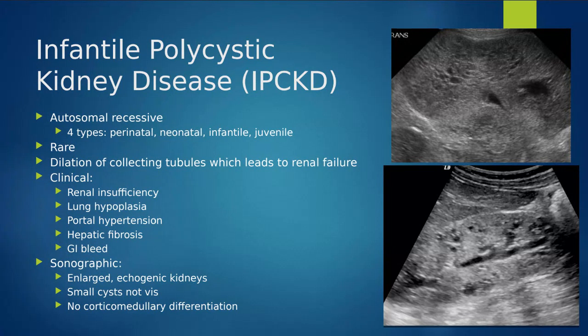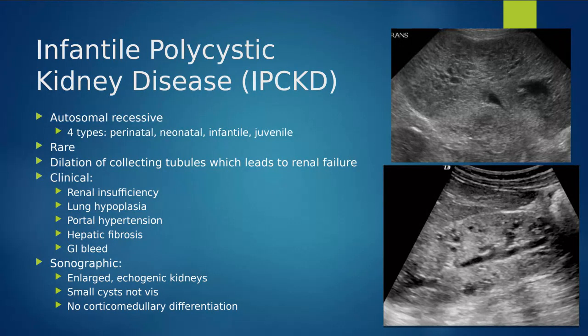Now, infantile is shortened to IPCKD, but it also can be known as ARCKD, and that is autosomal recessive cystic kidney disease. So there are a lot of different variations in terms of presentation of polycystic kidney disease. So don't be confused with the abbreviations and the different titles for them.